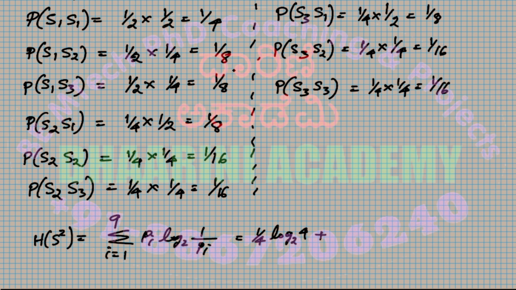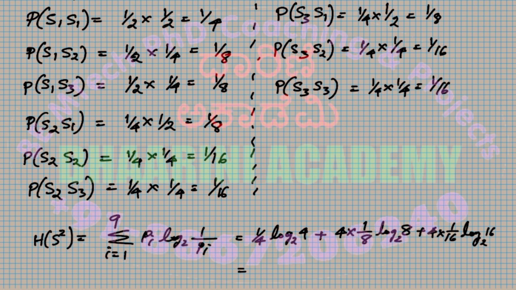Then how many 1 by 8s do I have? 1, 2, 3, 4 times. So 4 times 1 by 8 log to the base 2 of 8, plus how many 16s? 1, 2, 3, 4. So 4 times 1 by 16 log to the base 2 of 16. Please calculate this. This is equal to 3 bits per symbol.